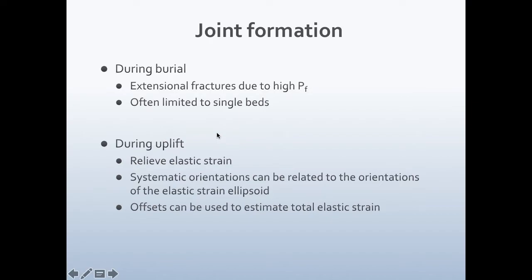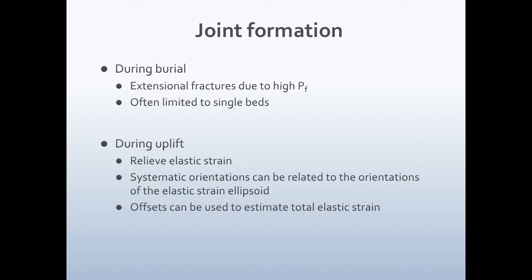Most joints that we see occur during uplift. There's more than one reason, but basically as erosion is occurring, rocks are moving towards the surface of the earth. And so the rock is cooling down, which causes it to shrink a little bit.